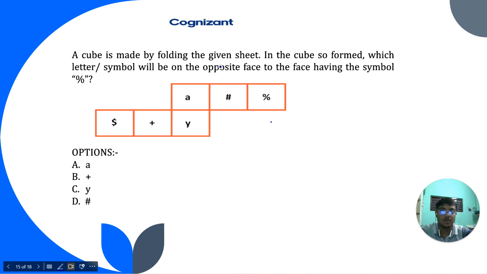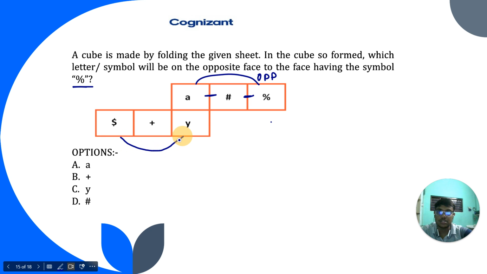A cube is made by folding the given sheet. In the cube so formed, which letter or symbol will be on the opposite face to the face having the symbol %? For these kinds of folded paper, one logic that I have told multiple times is that alternate boxes in the same line would always be opposite, and adjacent boxes would always be adjacent in the cube also.